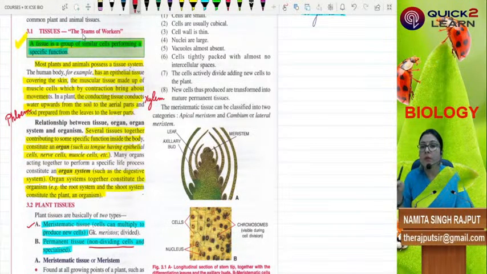Once they get converted into permanent tissues, they do not divide further. They simply perform their function and die. They do not have the power of reproduction because they are specialized. If more permanent tissues have to be added, they will be derived from the meristematic tissues.